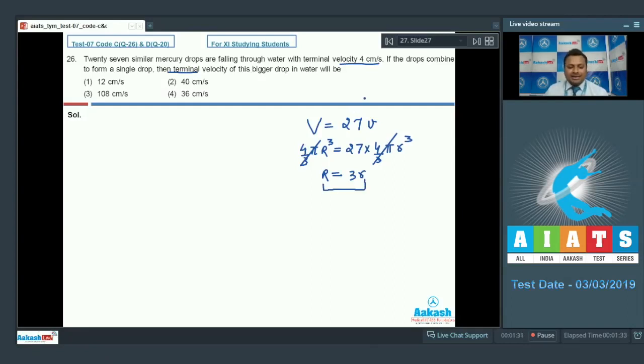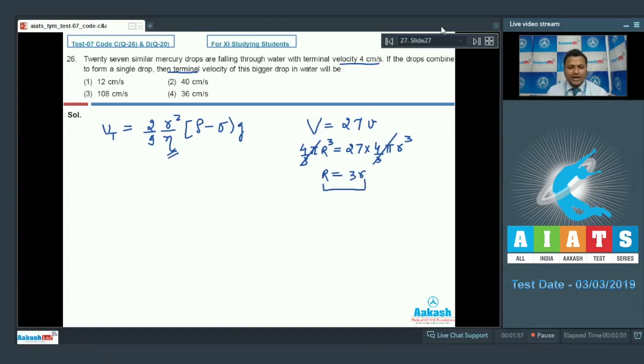Now we know very well that the expression for terminal velocity Vt is given by 2/9 times r square divided by the coefficient of viscosity eta, in bracket rho minus sigma, times g, where rho is the density of the object, sigma is the density of the liquid, eta is the coefficient of viscosity, and g is acceleration due to gravity.